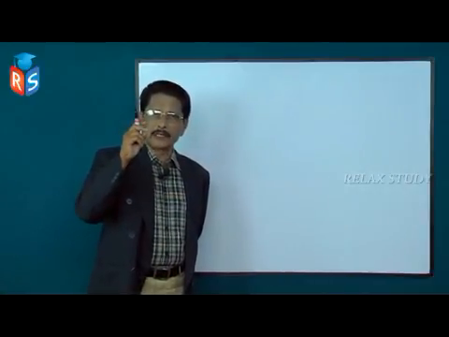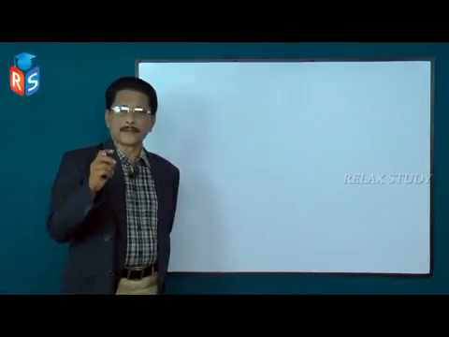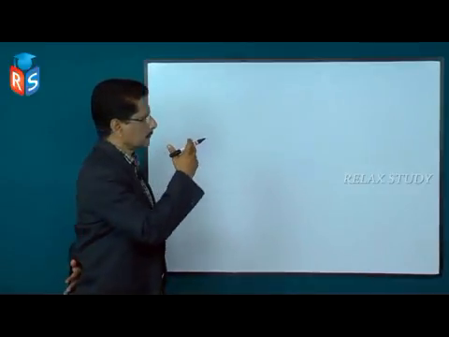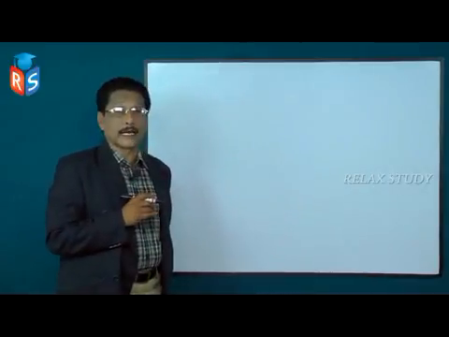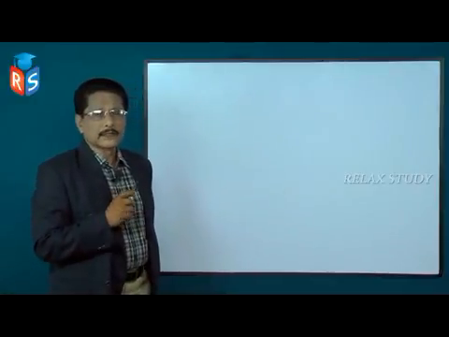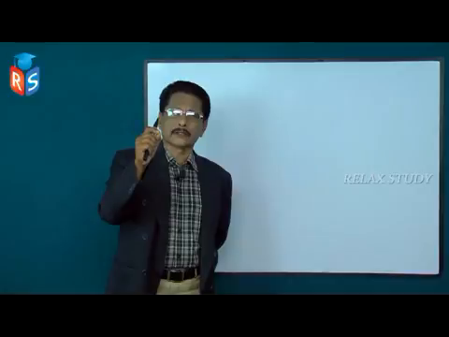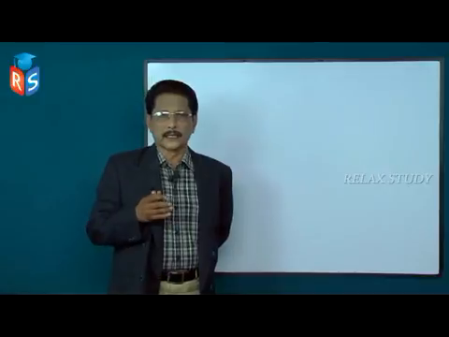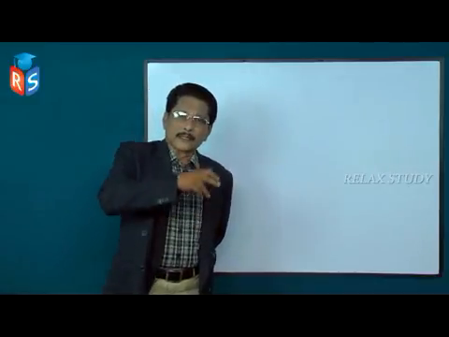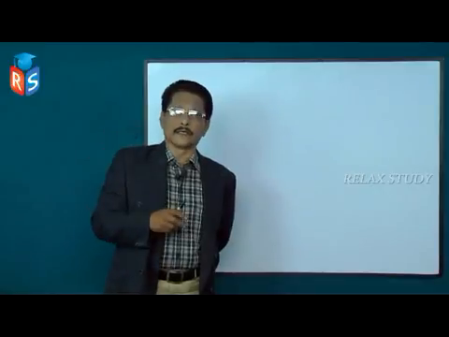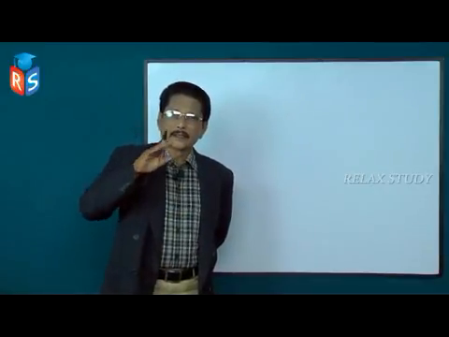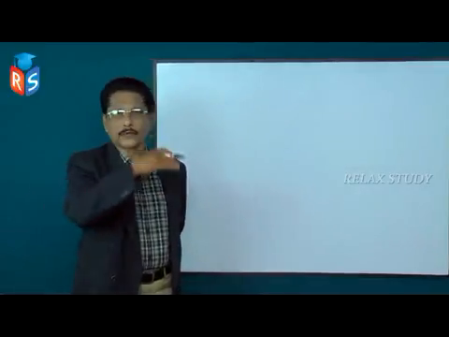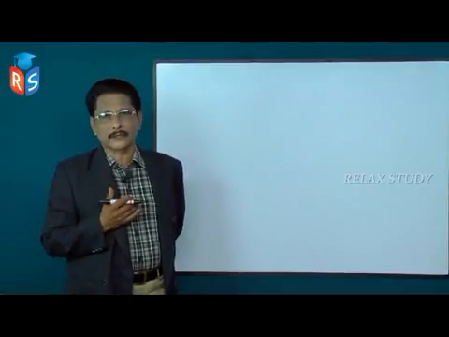But the electron being a charged particle, we know that according to classical electromagnetic theory, a charged particle under acceleration is bound to lose energy in the form of electromagnetic radiation. Now, in the case of an electron, even if the electron is moving with a constant speed around the nucleus, it is continuously changing its direction, and therefore it is not moving in a straight line, and therefore it is always under acceleration.